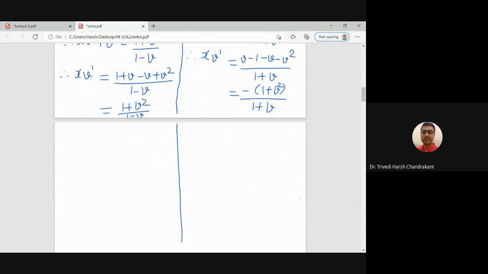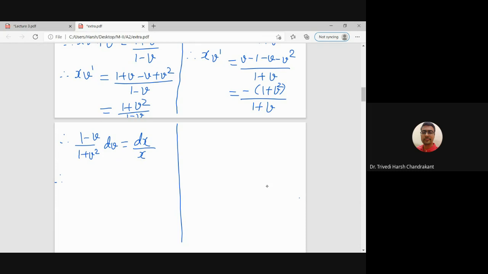So going further, we can convert this differential equation into separable form. So this is actually in the separable form where v and x we can separate, and then we can integrate this equation.